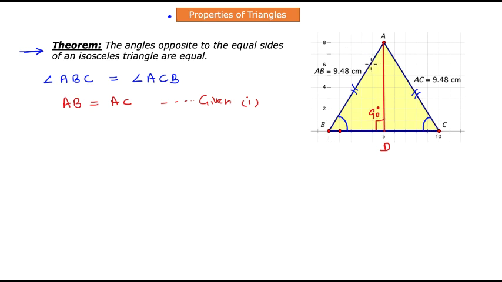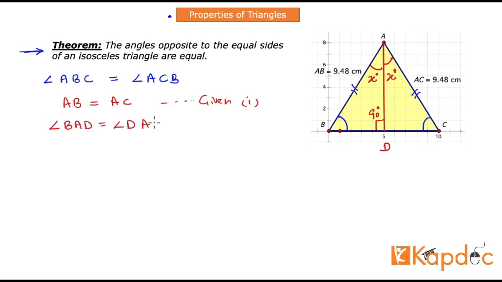And since it is a bisector, the angle A made at the vertex will be divided equally in two parts, okay? So let's say the measure of that angle is X degree. We do not need the precise measurement. We just need to know that these two angles are equal. So this means that the angle BAD will be equal to angle DAC.